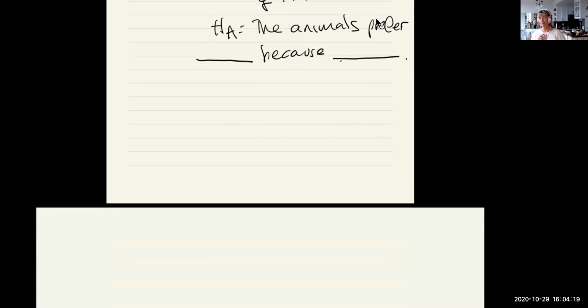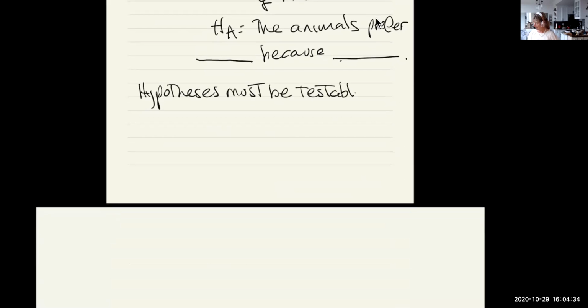So you state your hypotheses. What's really important is that these hypotheses must be testable. You must be able to test them and you must be able to measure some kind of response.